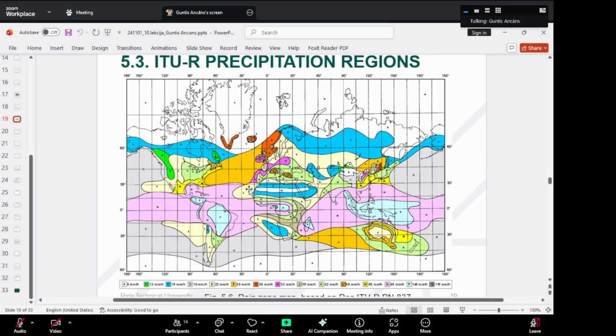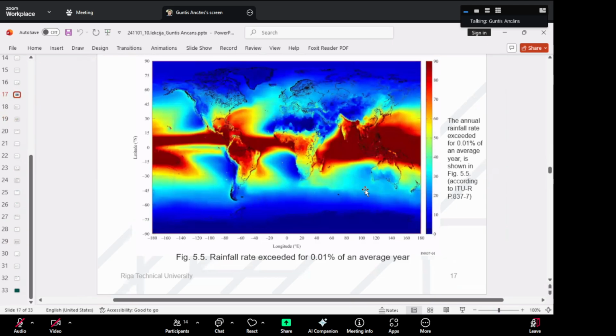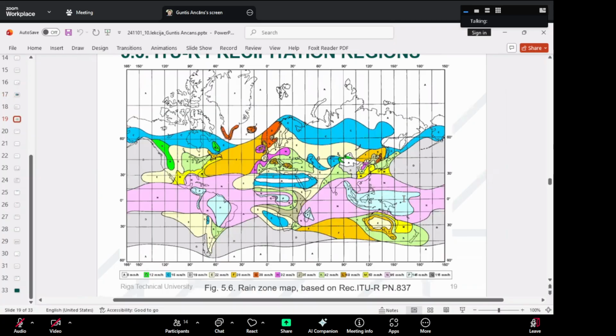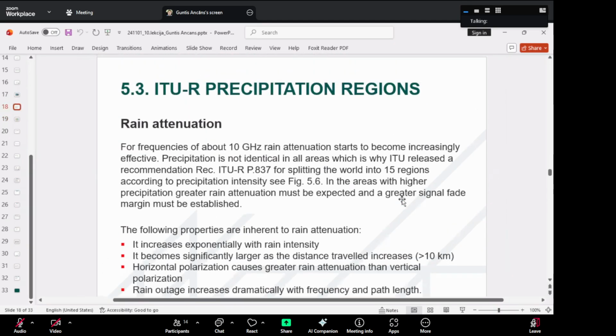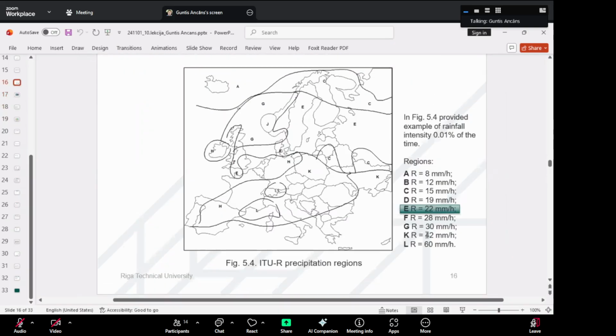In the previous picture we had rain intensity up to 90, but here, in this slide, the rain intensity for Europe was a maximum of 60 millimeters per hour.